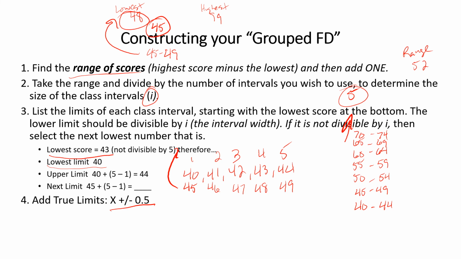So in actuality, what you've got for this bottom one is 39.5, because we did plus and minus half of our value, 39.5 through 44.5. And then going all the way up from there.